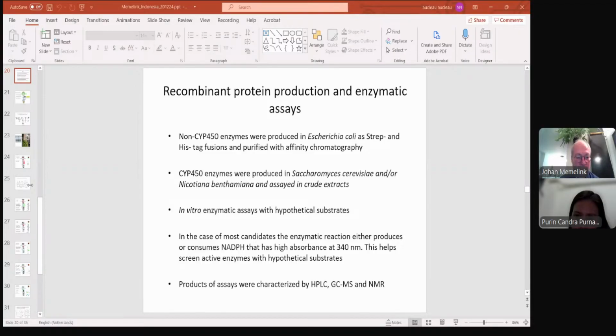So it's in general quite safe to assume that a cytochrome P450 enzyme is involved if you're looking at an oxidation step. Again, it's a large family, of 500 to 1,000 members in any plant species.